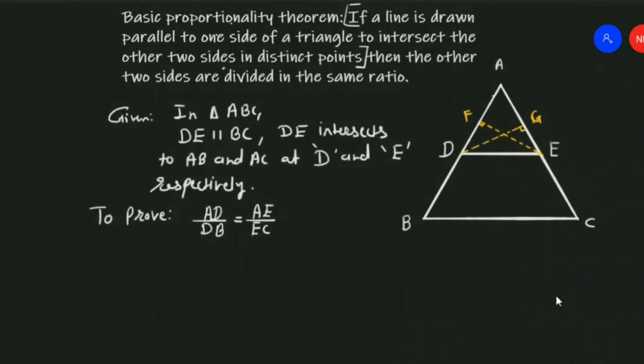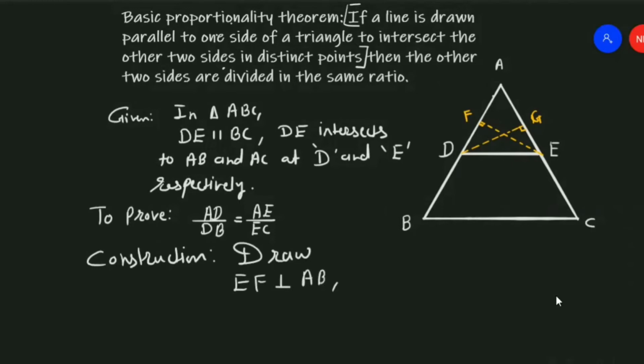Construction: draw EF perpendicular to AB and draw DG perpendicular to AC.